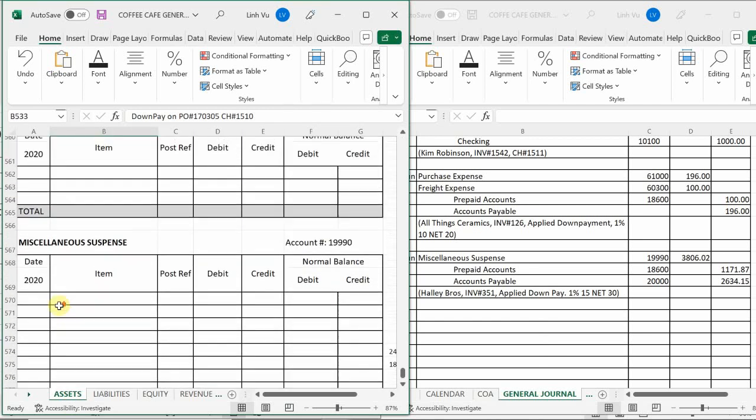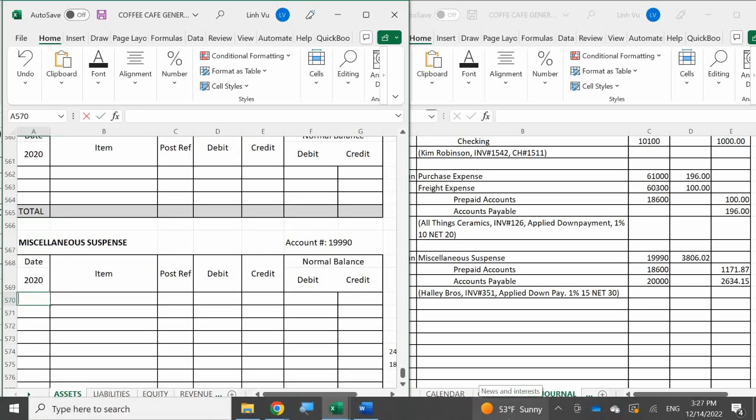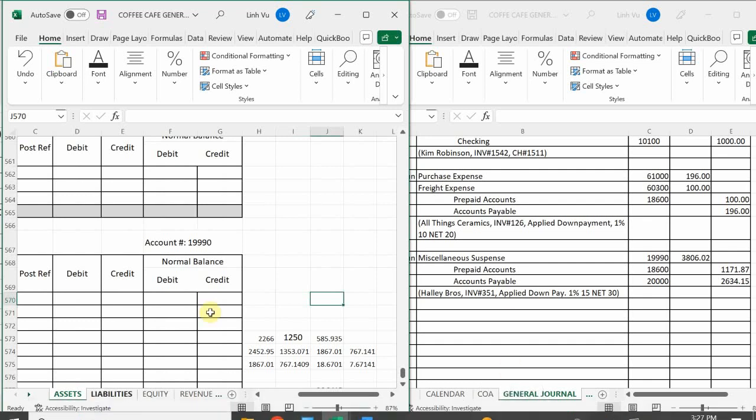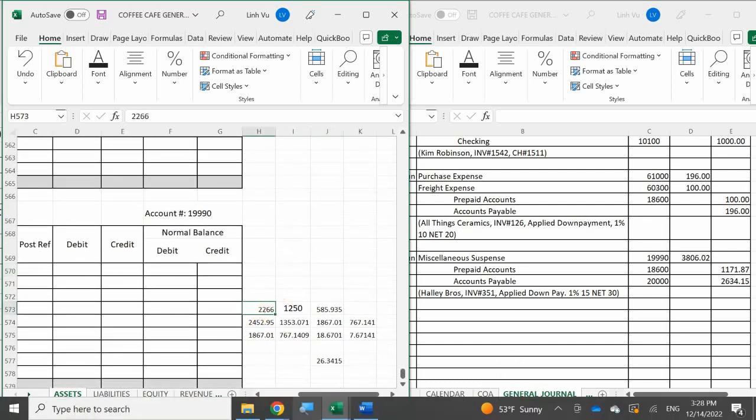Now, I'm going to also make a separation in my miscellaneous suspense account because I need to ensure that I know how much is going to go towards my coffee brewer and how much is going to go towards my coffee grinder. As you can see, there's some work here that's already done. You can just ignore this or override it.